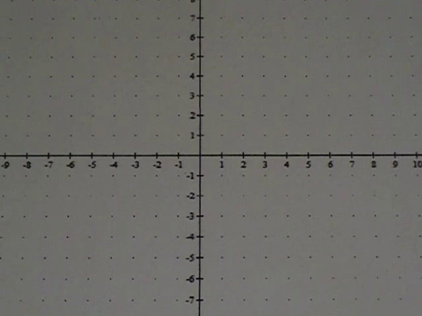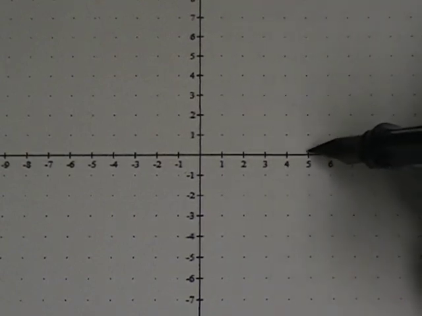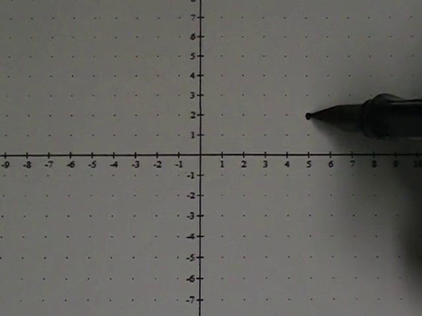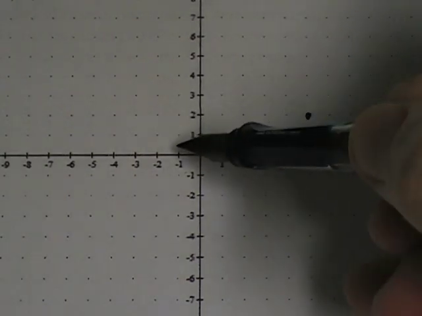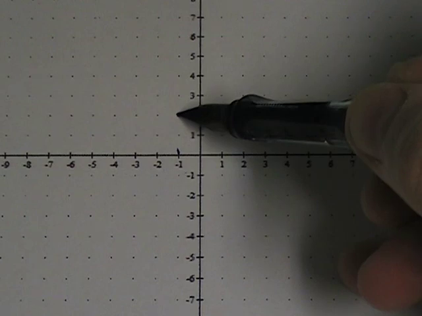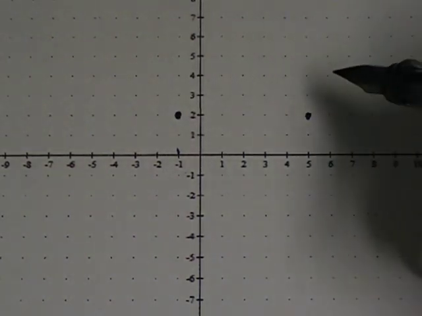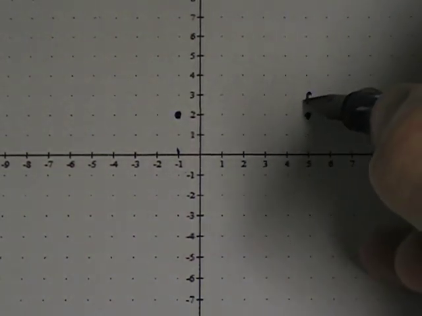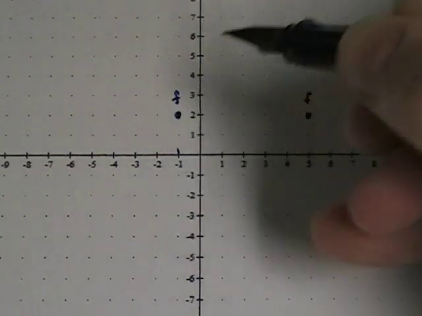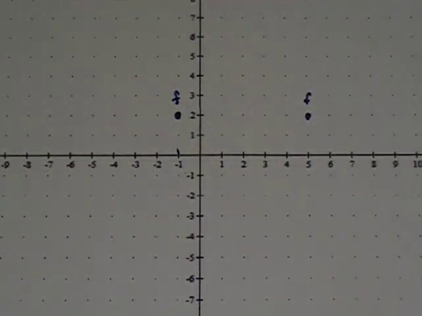And we were told that our foci were at (5, 2) and (-1, 2). And I like to put an F. Those are my foci, or focal points.